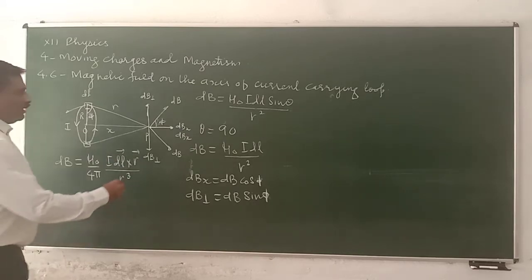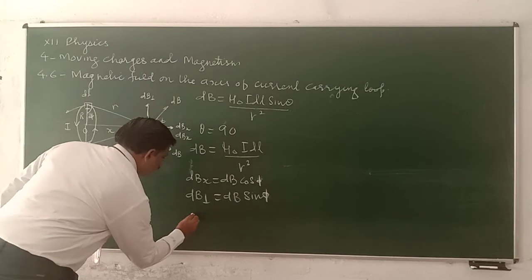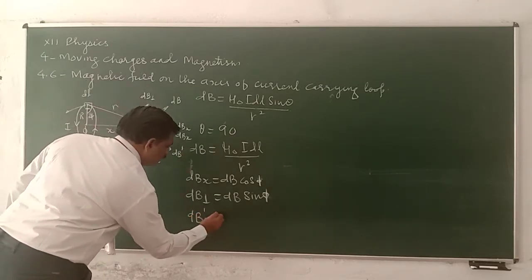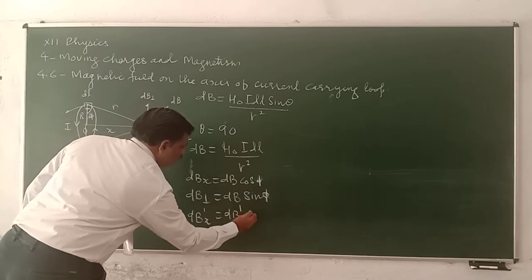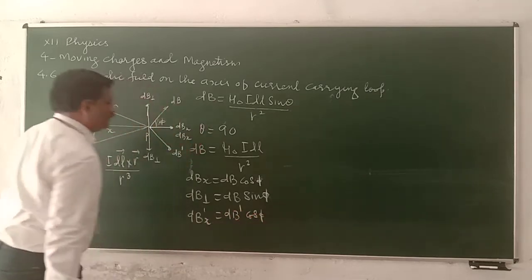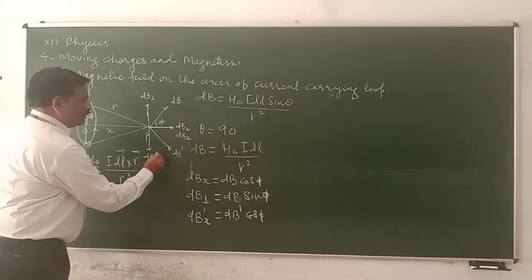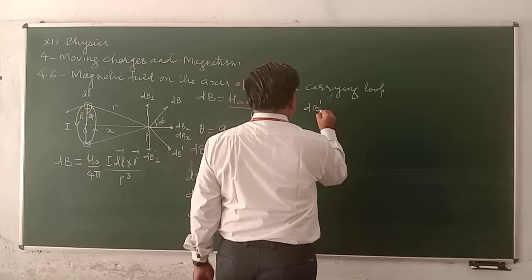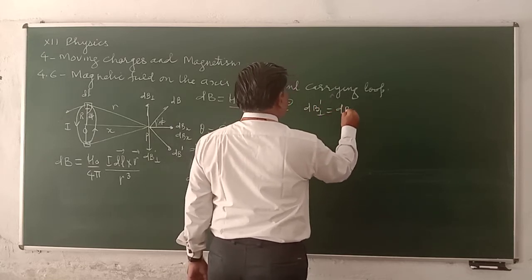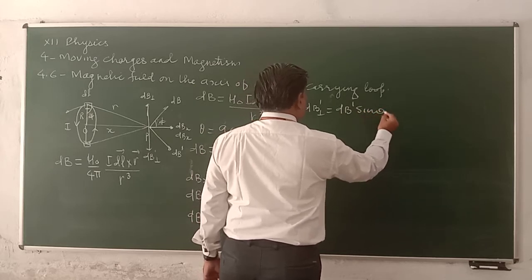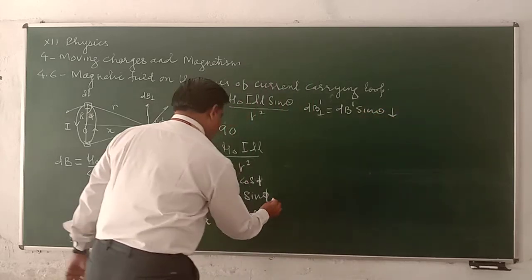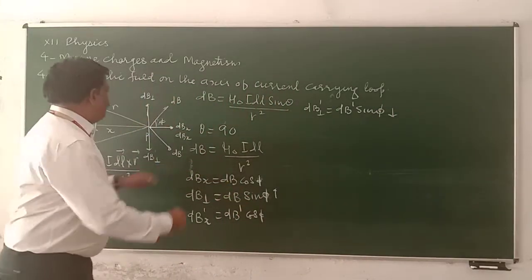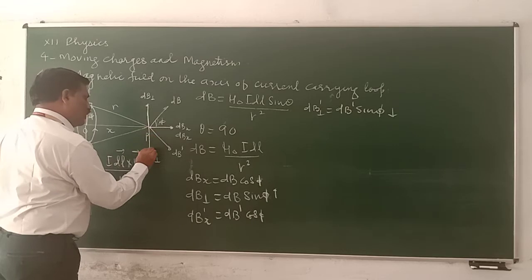Now dBx prime is equal to dB prime cos phi, and dB prime perpendicular is equal to dB prime sin phi, but in the downward direction. This one is in the upward direction, and this is in the downward direction.